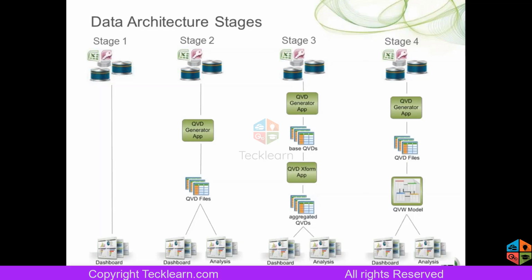Stage 4 means we load the Excel file or whatever data into the first application and create the QVD. In the second application, we load those QVDs and create the data model.